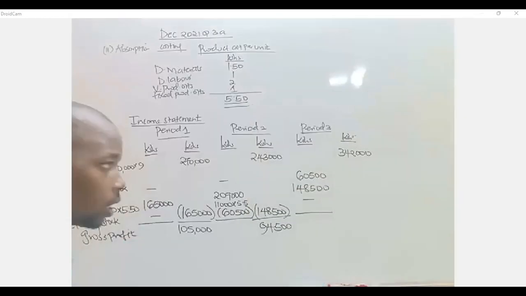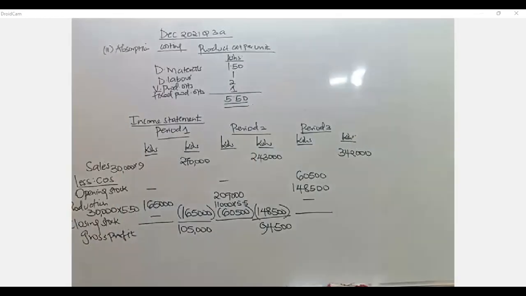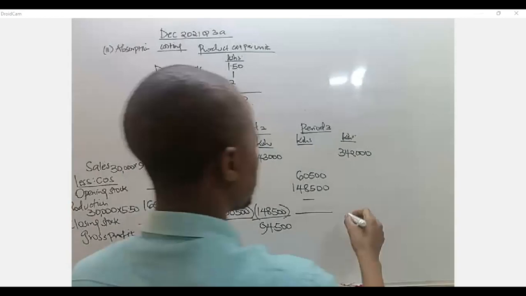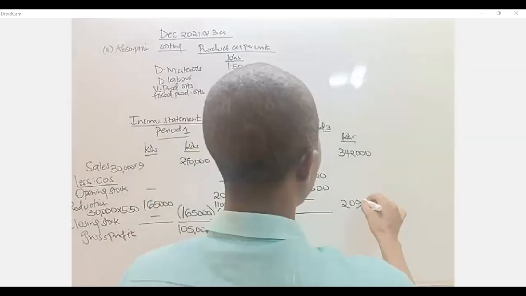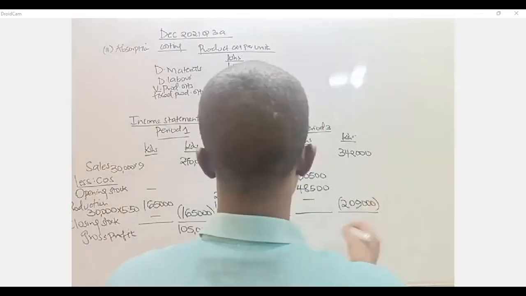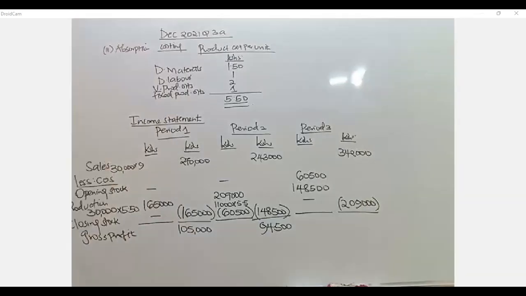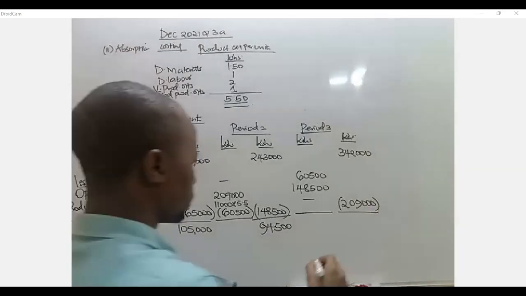So our closing stock is 60,500 plus my answer, getting 209,000. What is your gross profit? 342,000 minus answer, getting 133,000.